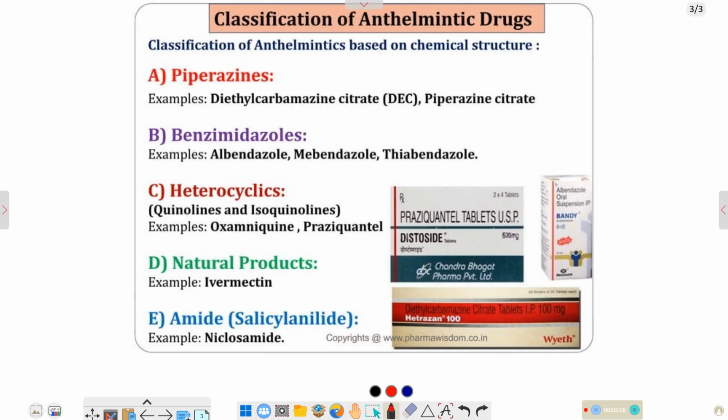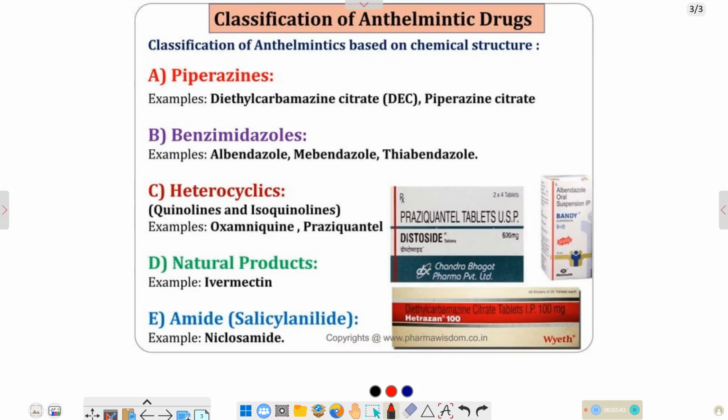The classification has piperazine derivatives, examples are diethylcarbamazine citrate and piperazine citrate; benzimidazole derivatives: albendazole, mebendazole, thiabendazole; and heterocyclic structures of quinolines and isoquinolines, examples are oxamniquine and praziquantel; the natural products, ivermectin; and the amides, that is salicylanilide or niclosamide.